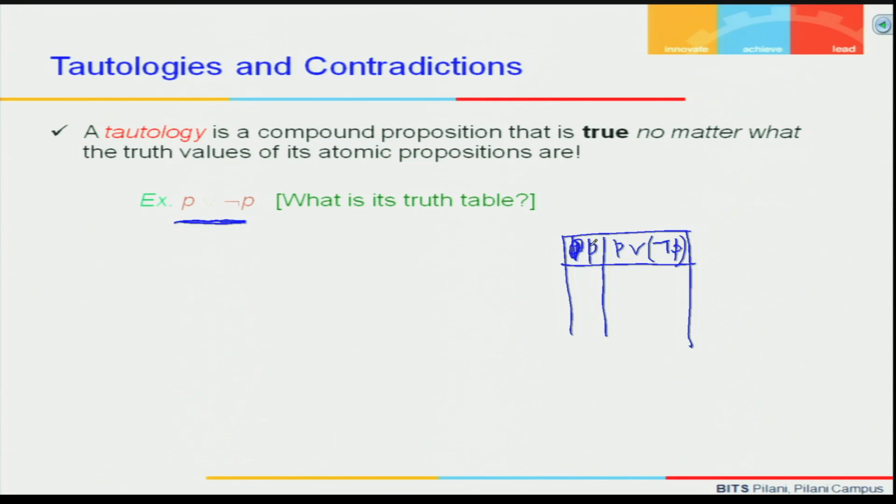What truth values can this atomic proposition P assume? It can assume either true or false.